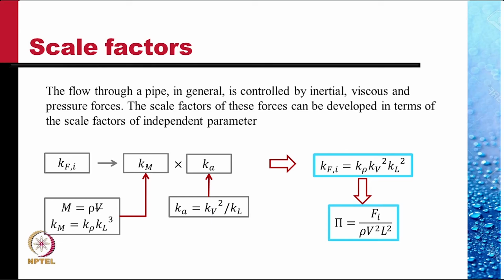So this gives us K_Fi is equal to K_rho K_V squared K_L squared. And from this we get a pi number: F inertial force divided by rho V squared L squared.